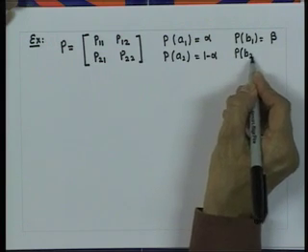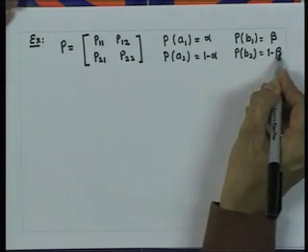So, probability of b2 is equal to 1 - beta.